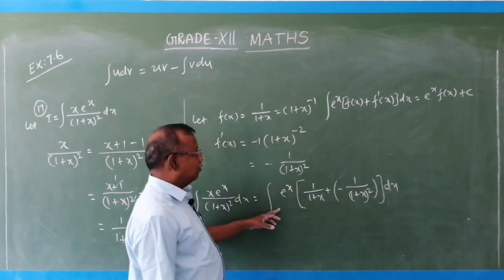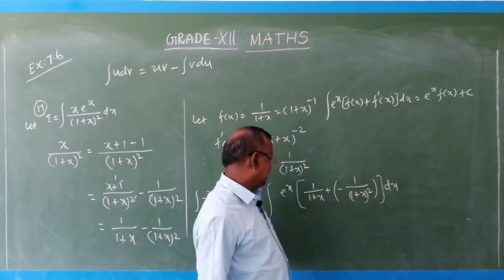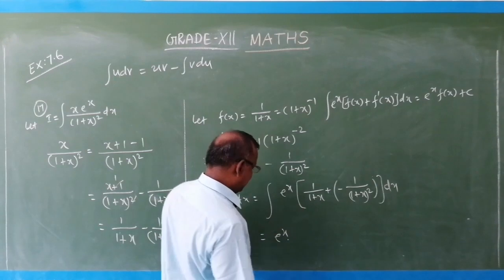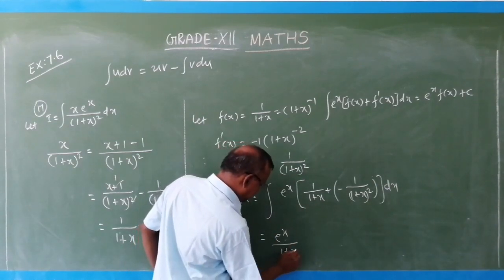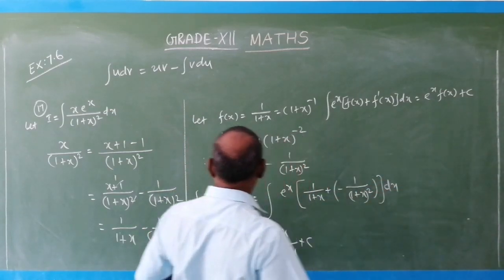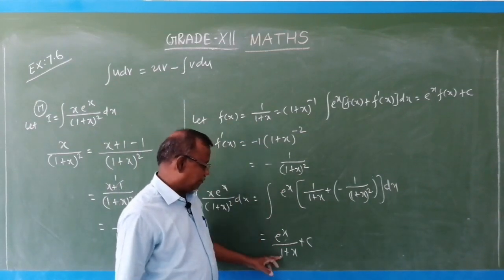So, this is in the form of e power x into f of x plus f dash of x into dx. So, the answer is e power x into f of x plus c. Here f of x equal to 1 by 1 plus x. So, this is e power x divided by 1 plus x plus c.